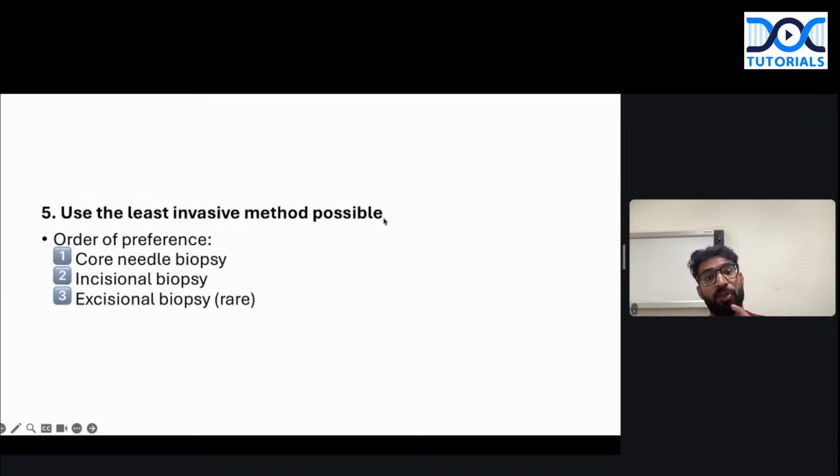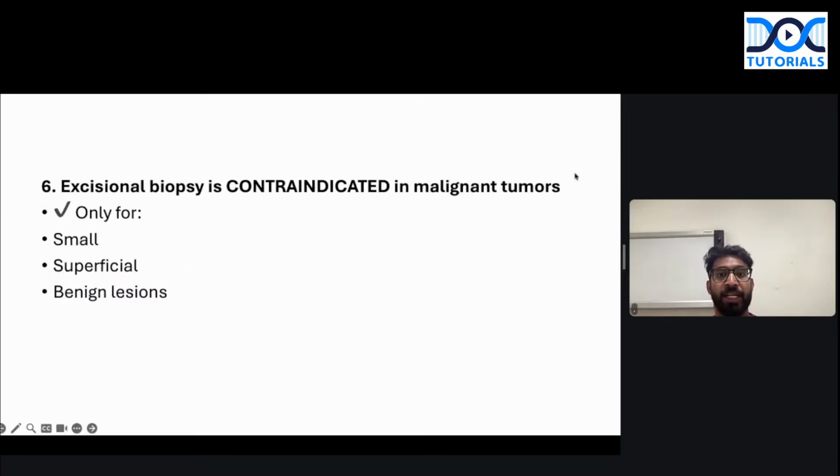Use the least invasive method possible. In biopsies we have core needle biopsy, incisional biopsy and excisional biopsy. In the majority of bone tumors, we do a core needle biopsy. Excisional biopsy is contraindicated in malignant tumors. It should only be done when the lesion is superficial, small and benign.